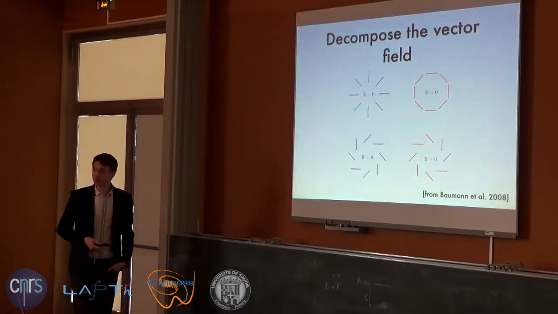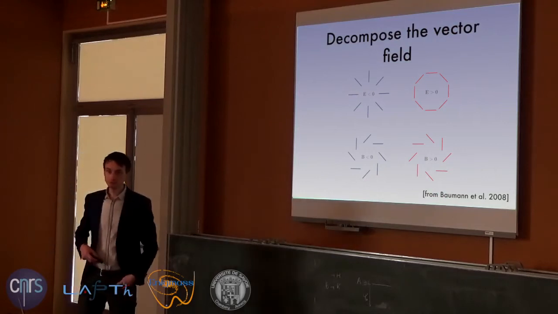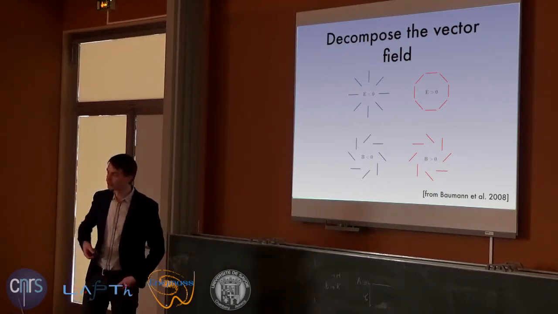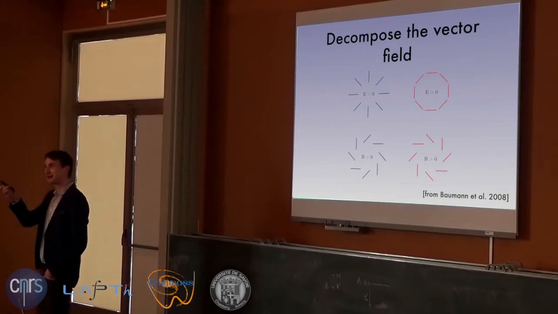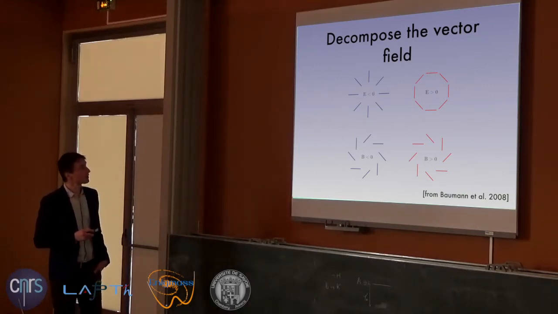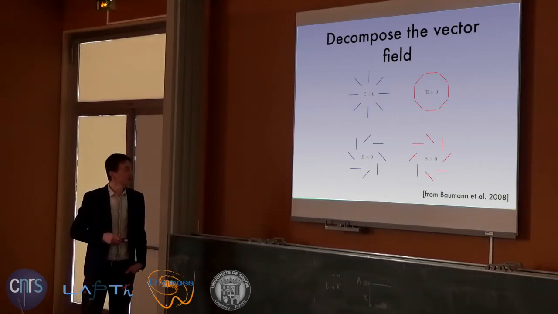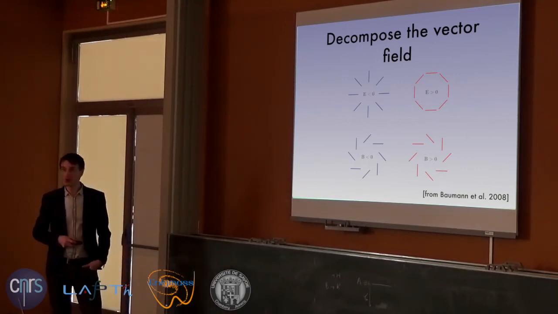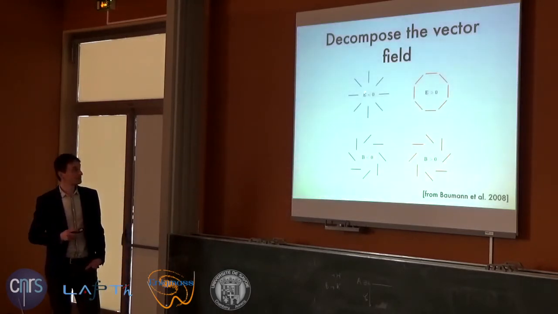When you describe a vector map on a sphere, you need more information than just the magnitude in one direction, because you need an orientation in that direction too. In order to describe that, you can decompose the vector field in two types of orientations.